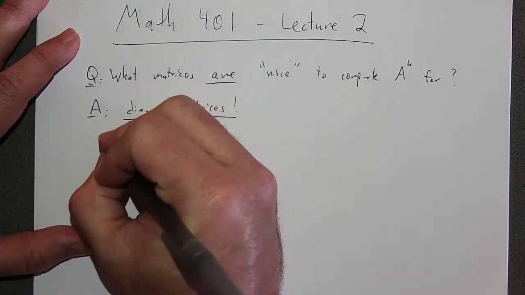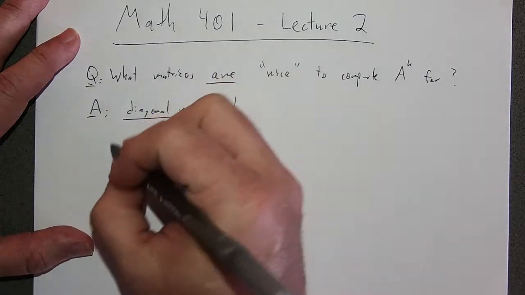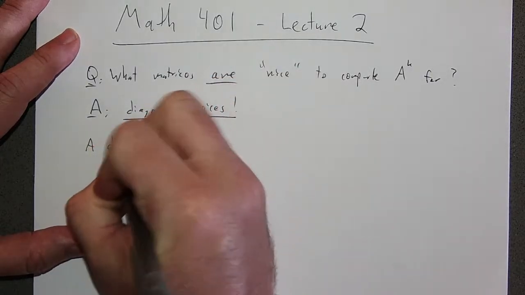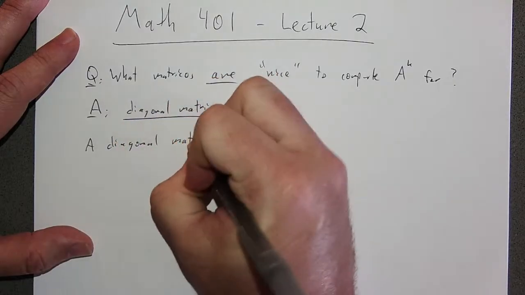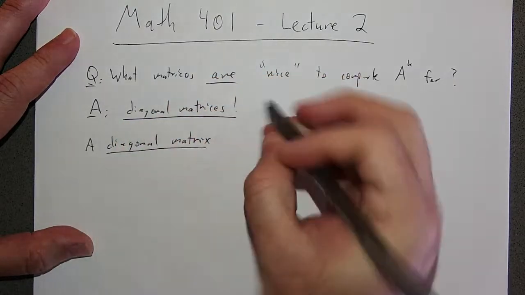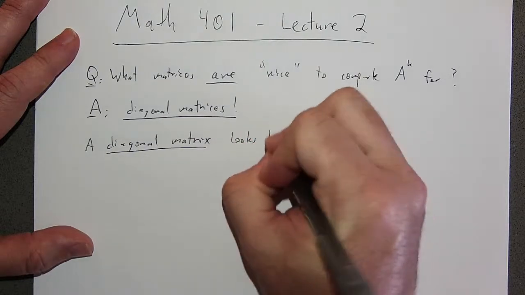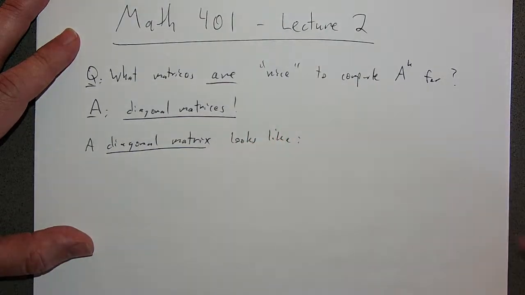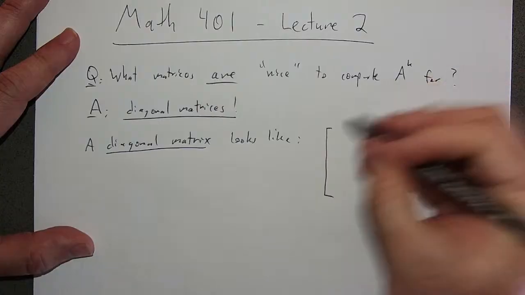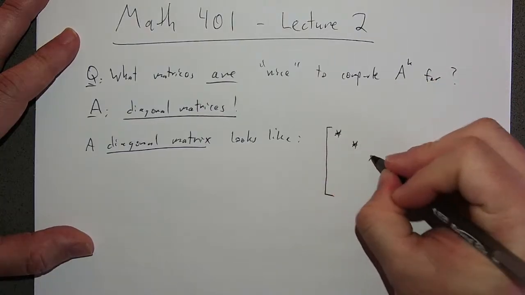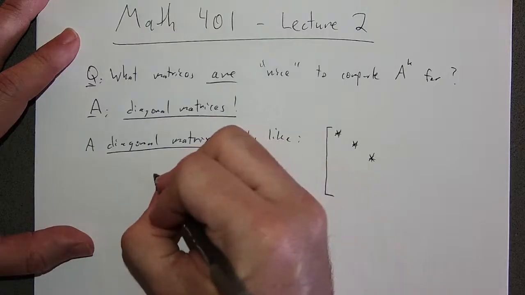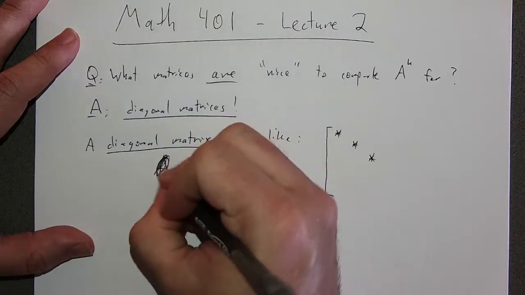Just to remind you, a diagonal matrix looks like this. Anything can be on the diagonal. So first of all, a diagonal matrix, maybe I'll use the letter D here.